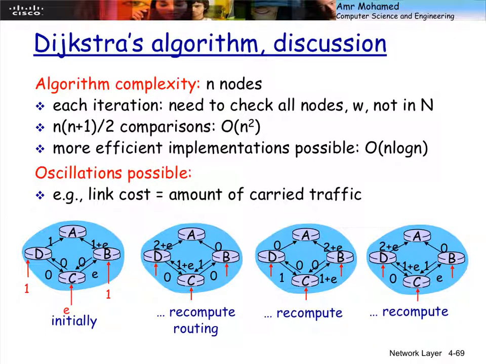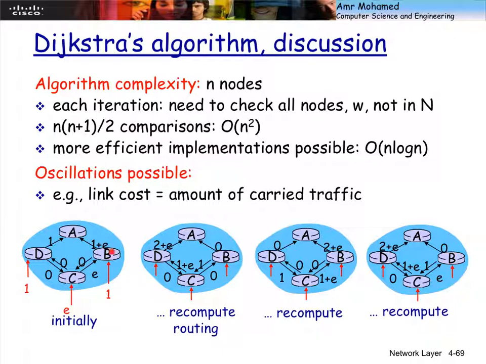C will send E traffic to A. So assuming that initially I will go from C to B and then from B to A. Now, from C to B, this link has only the traffic from C to B, right? So I will have a cost of E, which represents the amount of traffic I send on this link, right?